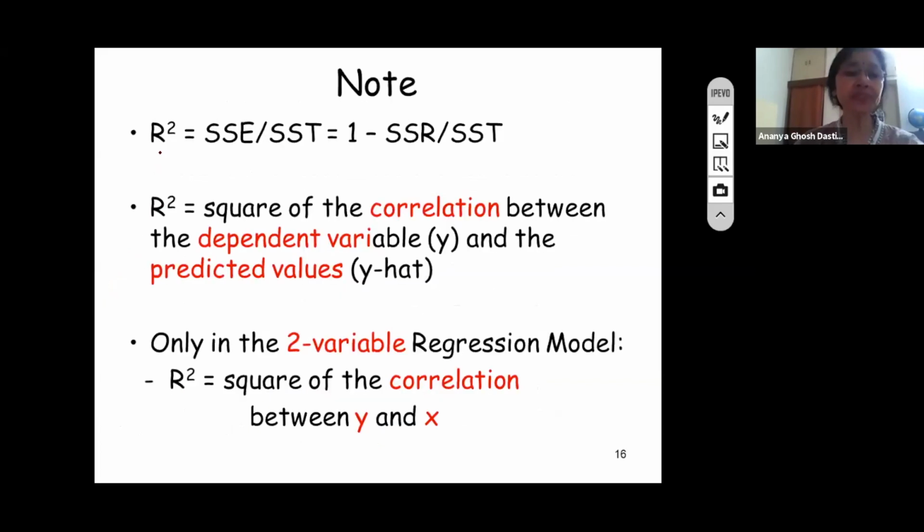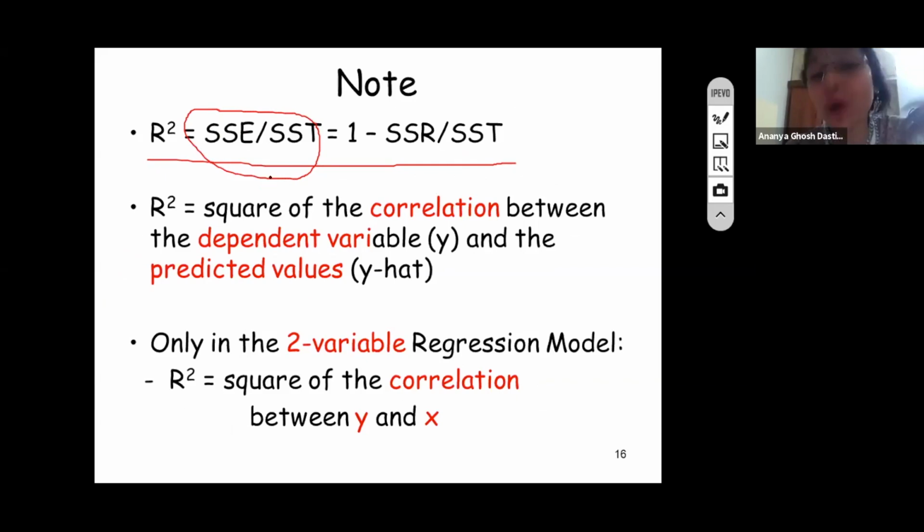So going on from there, you can actually talk about the R squared, which is equal to, either you can talk about it in this way: explained sum of squares upon total sum of squares. That is what I showed you in the Excel file. I have just taken these two values from the ANOVA table, and I've shown you that that's exactly what the R squared is.